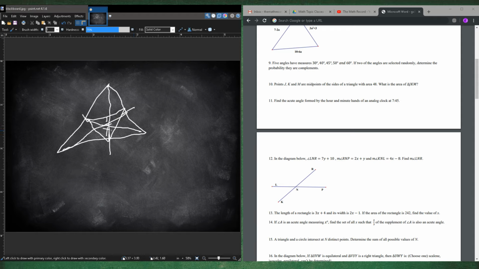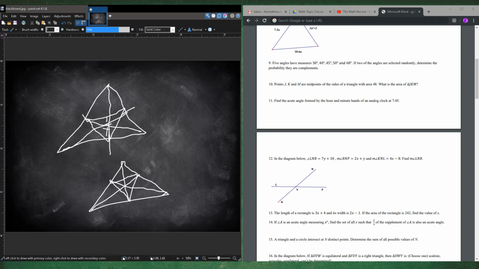Let me draw a more clear picture, and you get the midpoints. What you really get is these 6 areas that have the same area. When you put these 3 side lengths together, you get a fourth of the area.